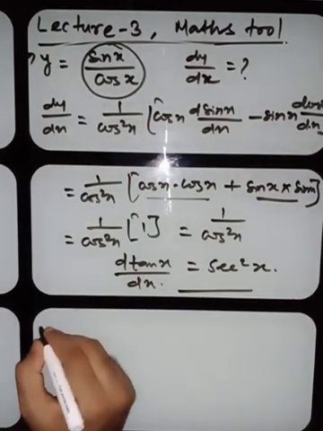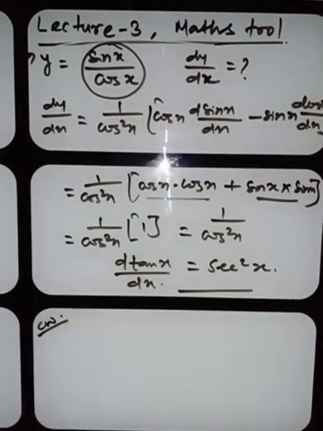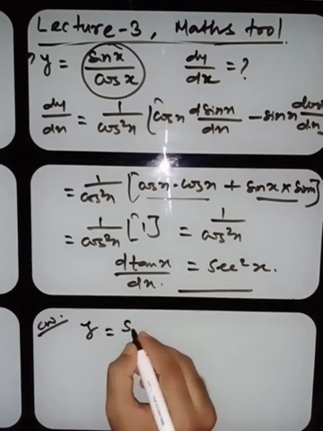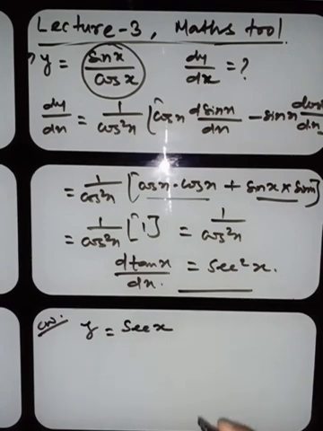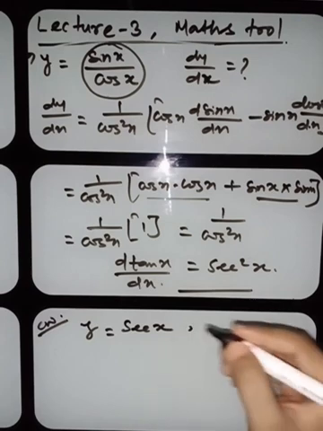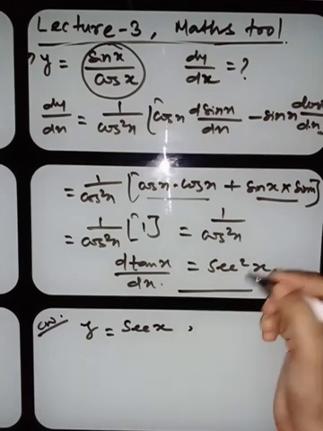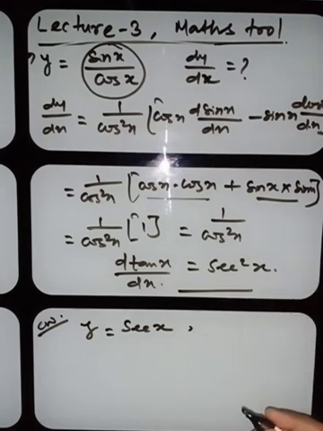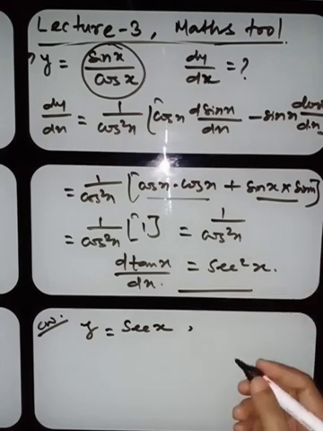Alright, so your classwork: y is sec x. You have to find dy by dx. If you can solve, try to pause the video and solve it. Okay, let me solve now.